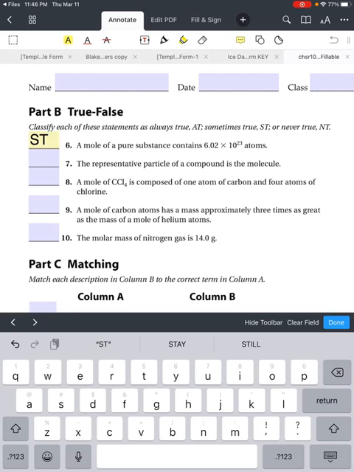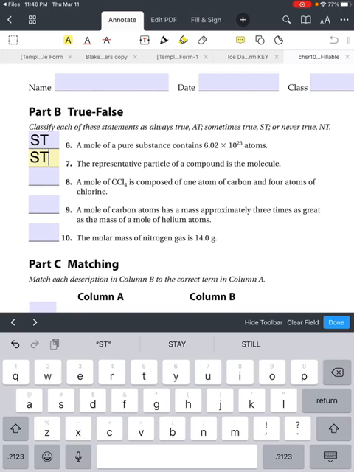That's true if it's a covalent compound, but if it's an ionic compound, it might be a formula unit.